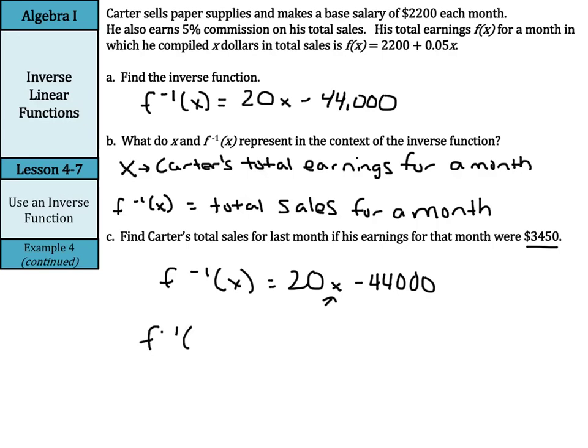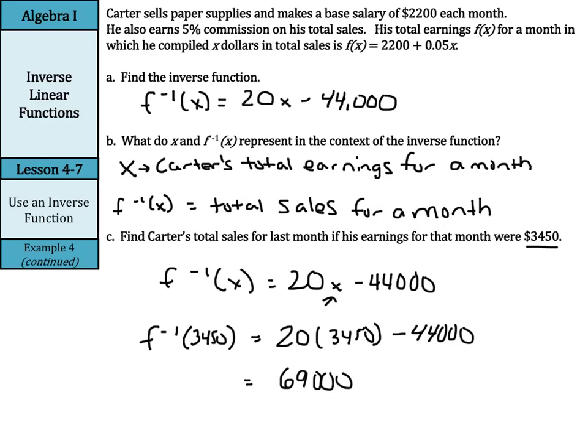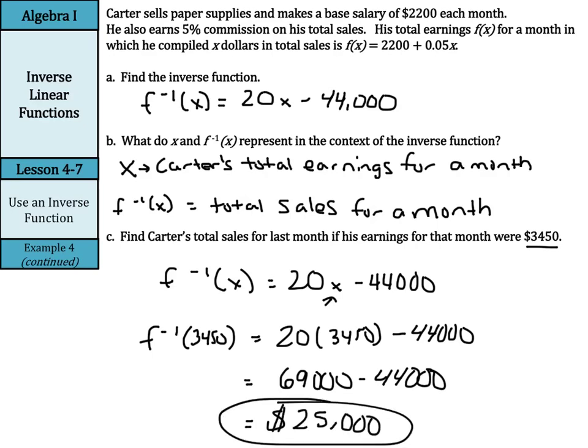So f to negative 1 of that 3450 is going to equal 20 times 3450 minus 44,000. 20 times 3,450 is 69,000 minus the 44,000. And so we can finish this and say this is $25,000 in sales. That's it. Good luck.